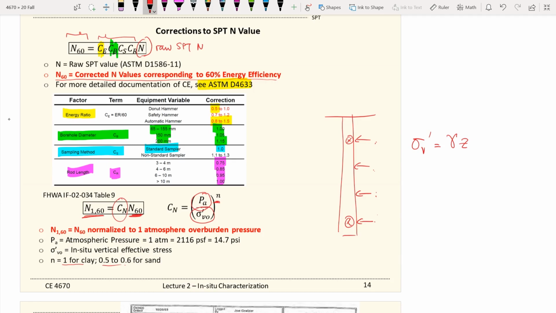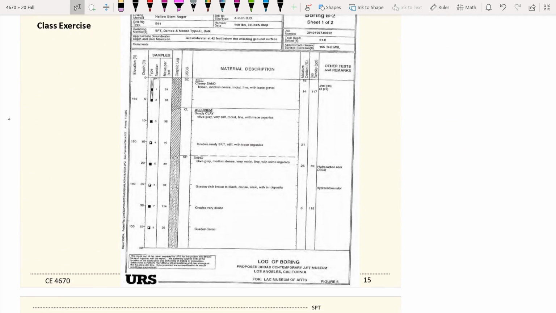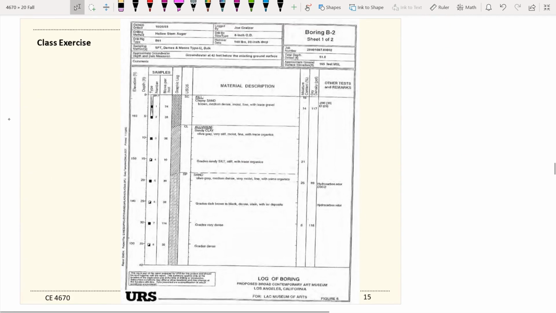So here is an example of our boring logs, and on this boring log, they are capturing the SPT blow counts, and it's over here as blows per foot, so it's per 12 inches.